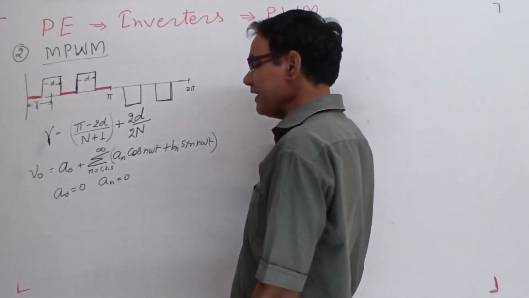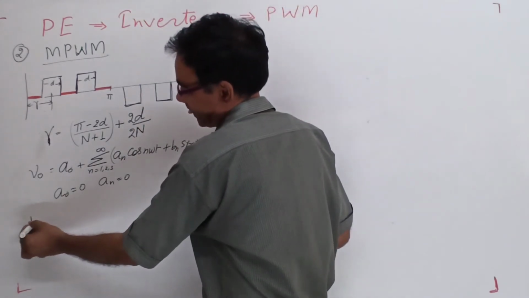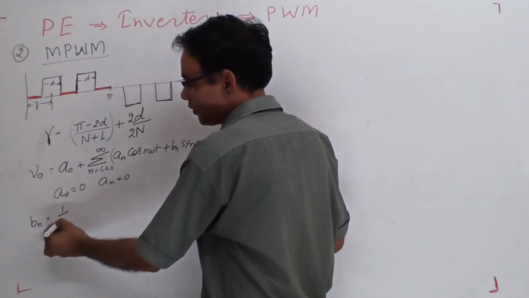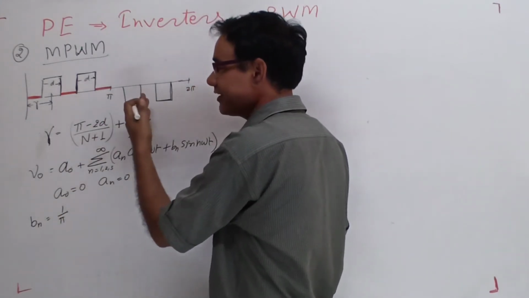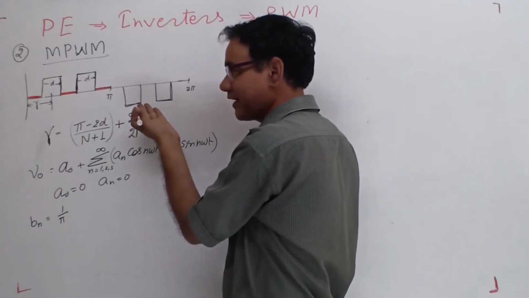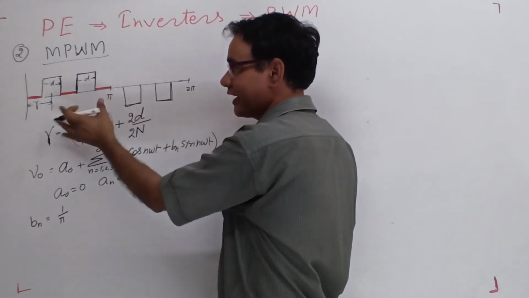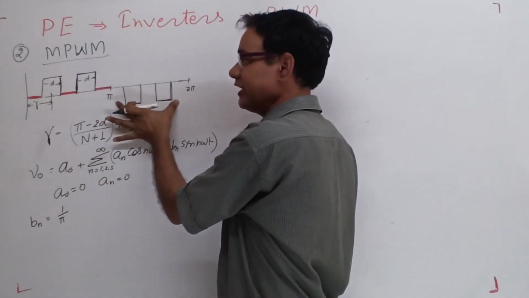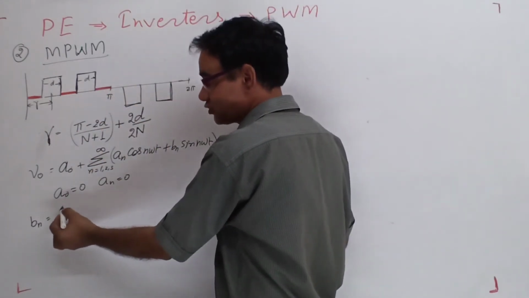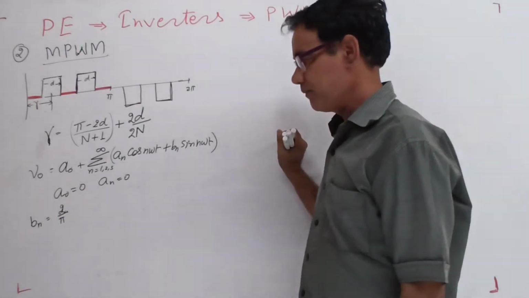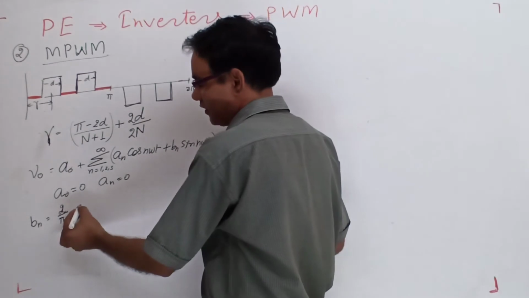So the value of bn comes out as 1 upon pi, and since the positive and negative sections are symmetrical and give the same value, we multiply by 2.